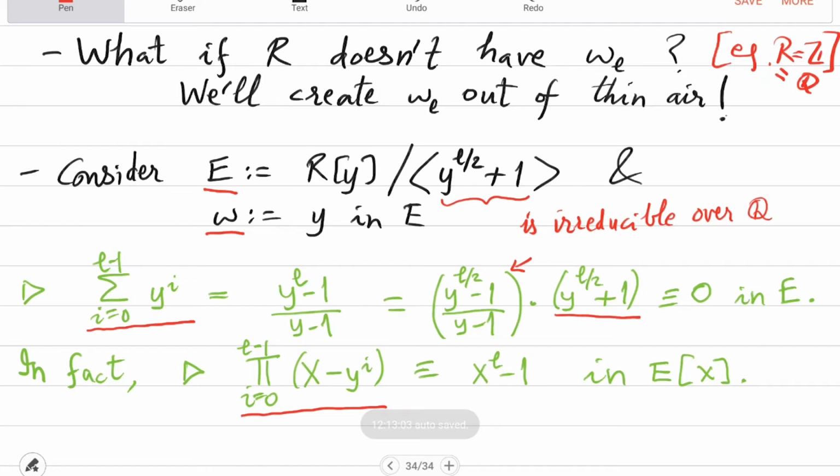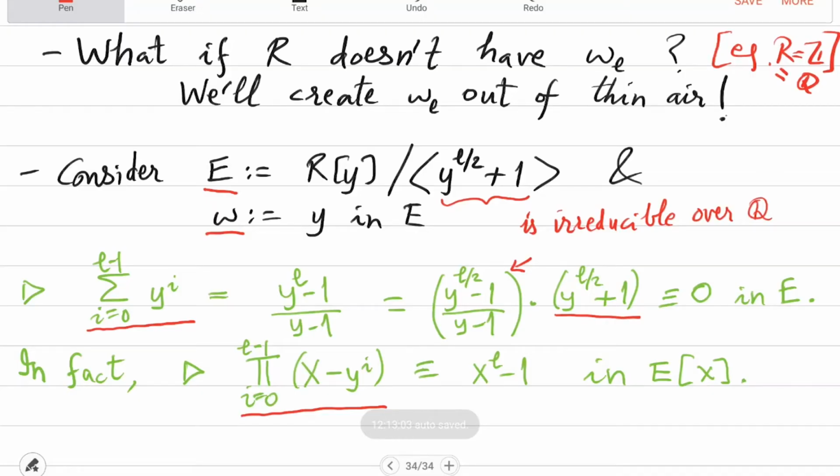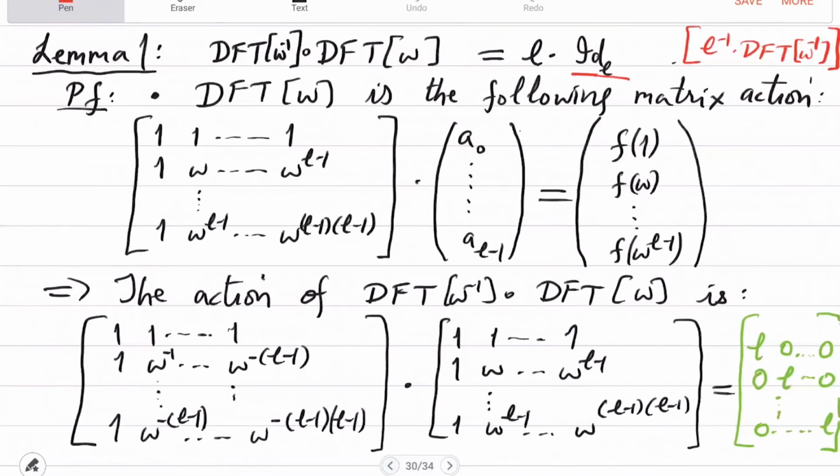Those are the two reasons. What would be the problem if we took the modulus y to the L minus 1? The first equality fails. You cannot sum up sigma y to the i. In particular, it's non-zero, and you want it to be 0 in the calculations that you did. In this matrix product, this green part you will not get.